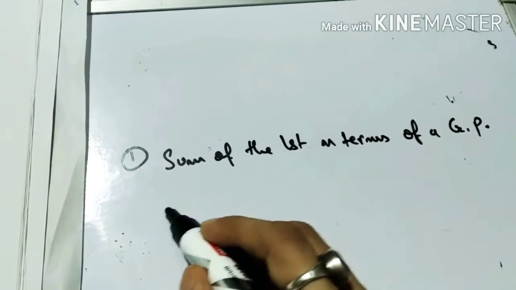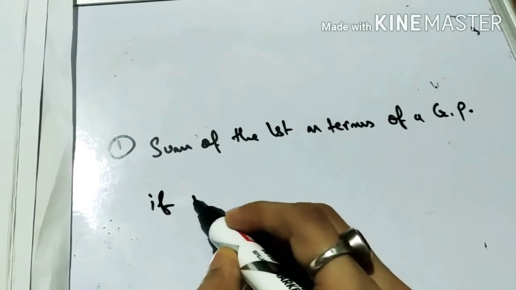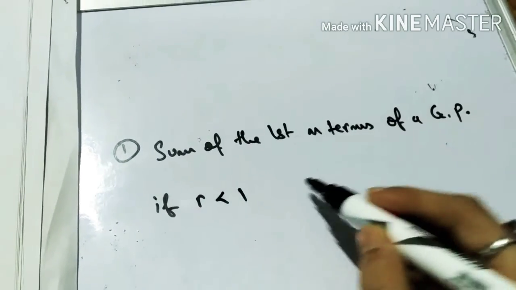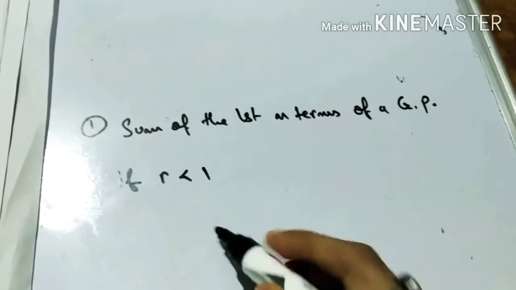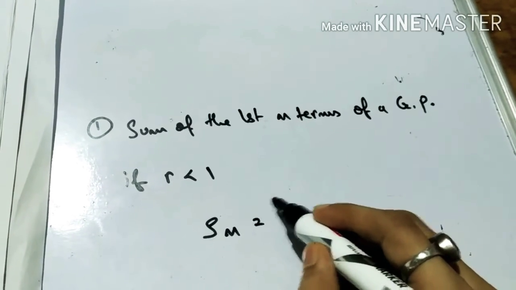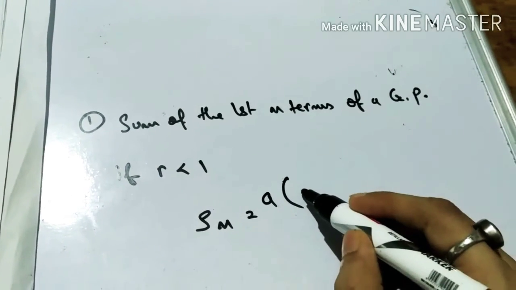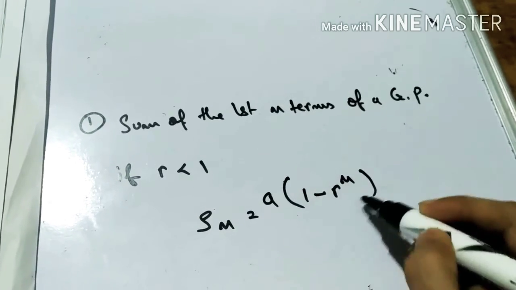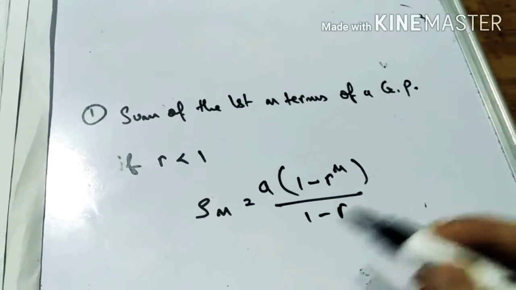If the common ratio is less than 1, then our formula is Sn equals A into 1 minus r to the power n, by 1 minus r.